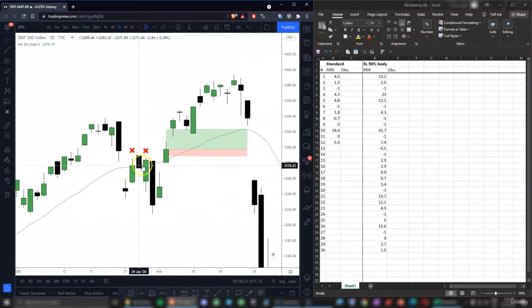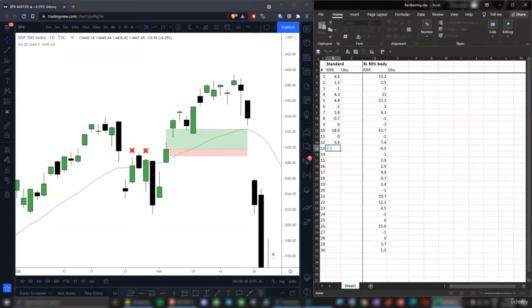Here we have one. After that it closes below. You move your stop loss. And you lose, let's say, around 0.3 instead of 1. So in here we have minus 0.3. Next one, it's -1.